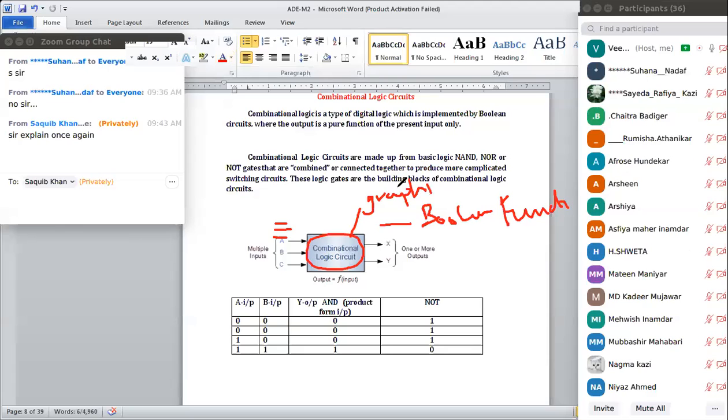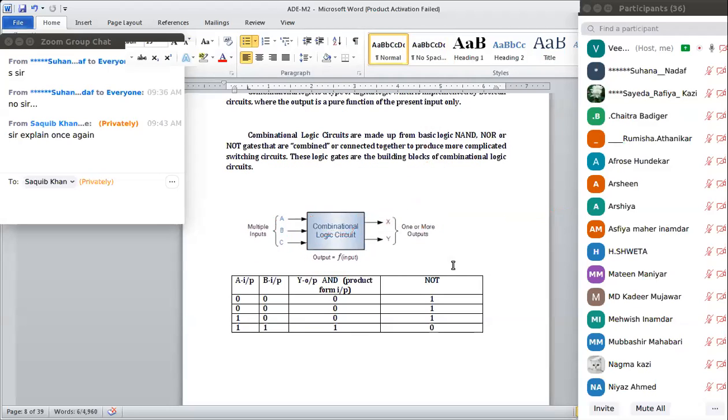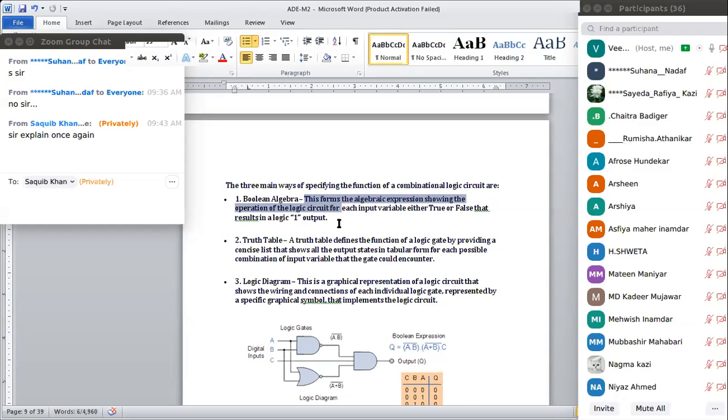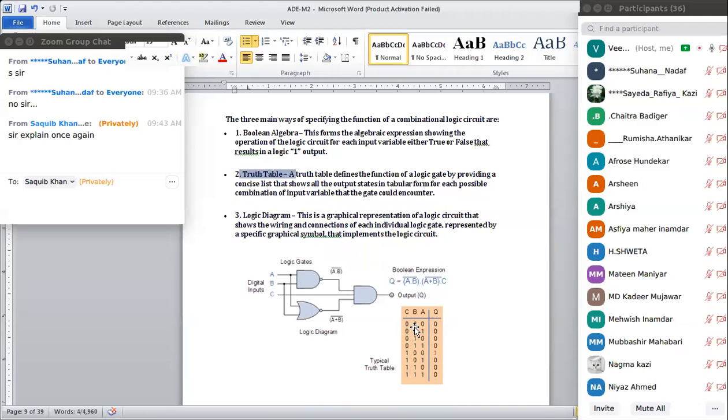So this consists of three stages, three things. One is the Boolean function we require. Then we need a truth table to show the states of input and output in a tabular form. And then based upon this expression, we are going to draw a logic diagram. This is a must.